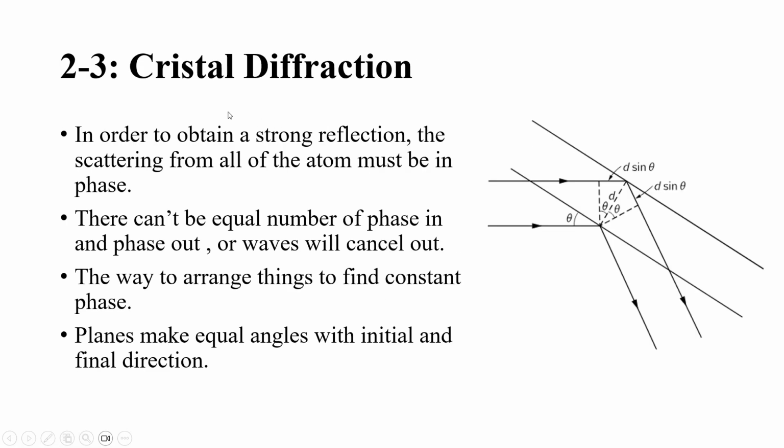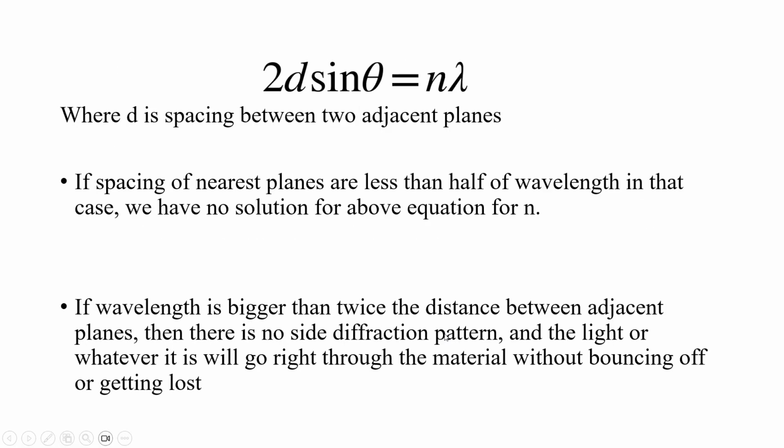Now, crystal diffraction. In order to obtain a strong reflection, the scattering from all the atoms must be in phase. So there can't be an equal number of phases in and out, or the waves will cancel out otherwise. To arrange constant phase, the planes make equal angles with the initial and final direction.